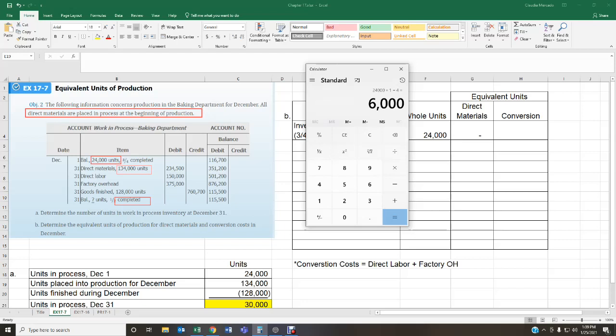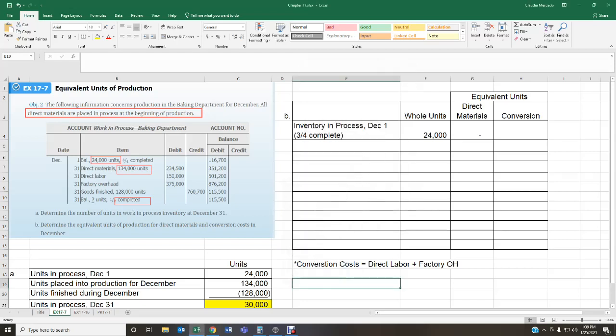That is going to be your conversion cost. Let me put it down here. It'll be the 24,000 units, and it's 100% complete minus 75% already completed. So we only have to complete the 25% portion.